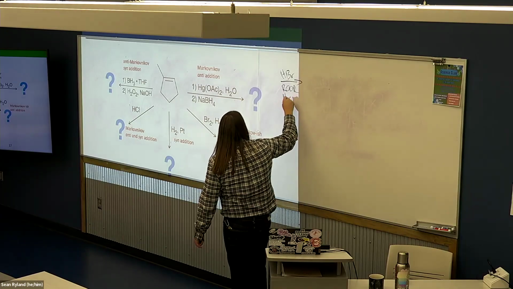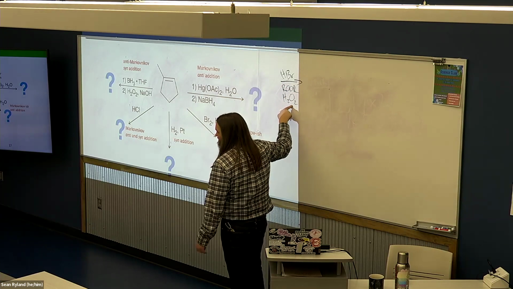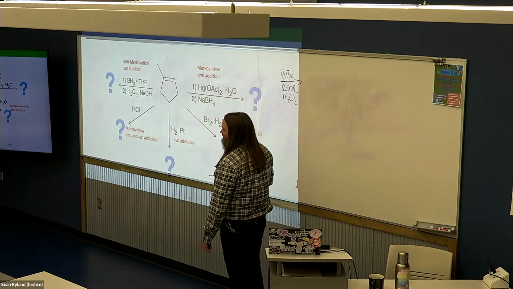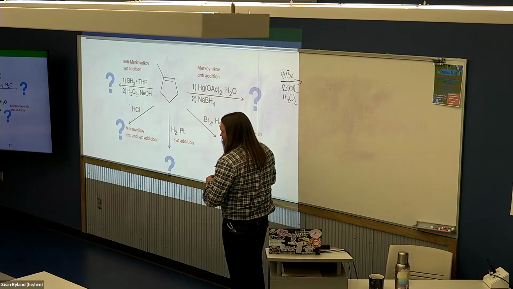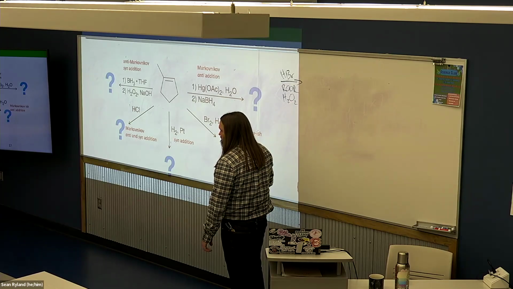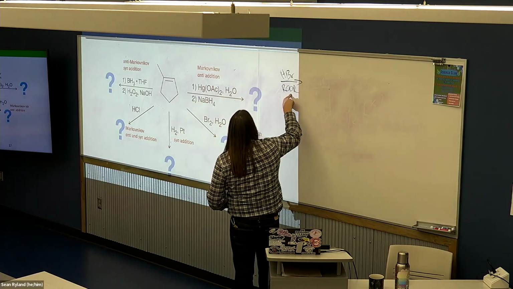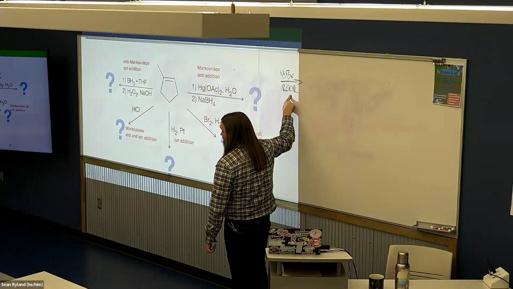It means basically the same thing as H2O2, except that you can have carbons, peroxide bonds within an organic compound. So if you see this, it means the same thing.